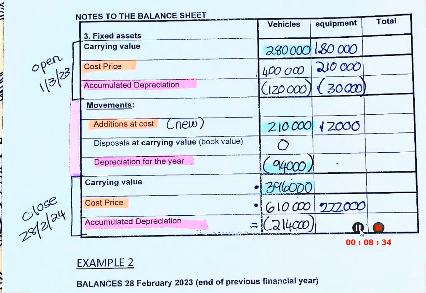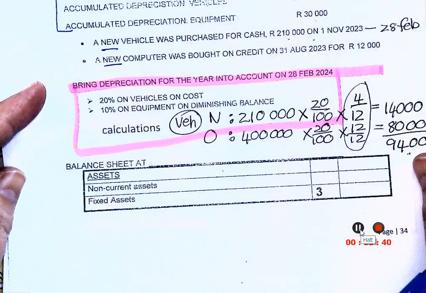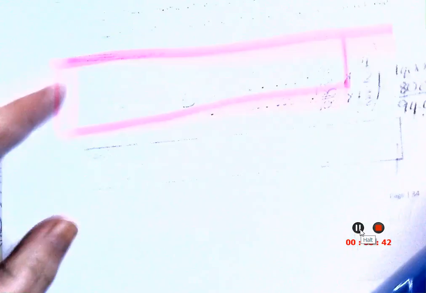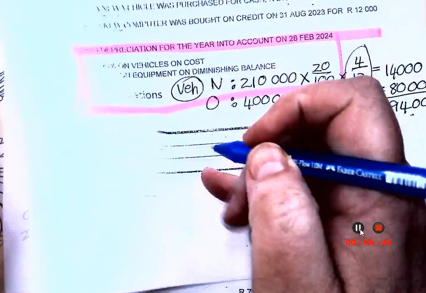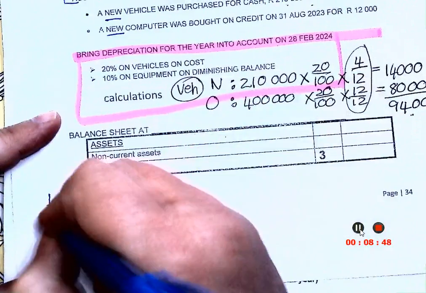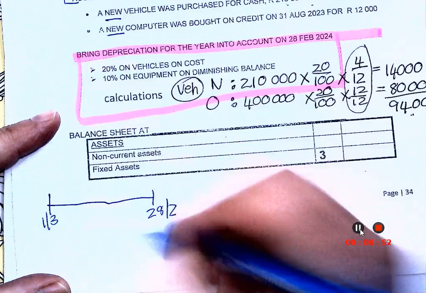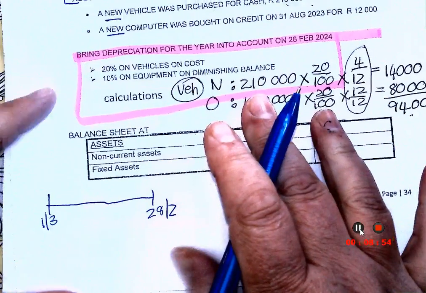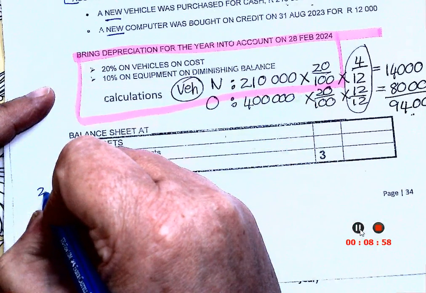Okay. So now if I look at equipment, I need to calculate the depreciation. So now what do I know? I have my financial year starting 1st March, ending 28th February. I also know that my equipment started out worth 210.